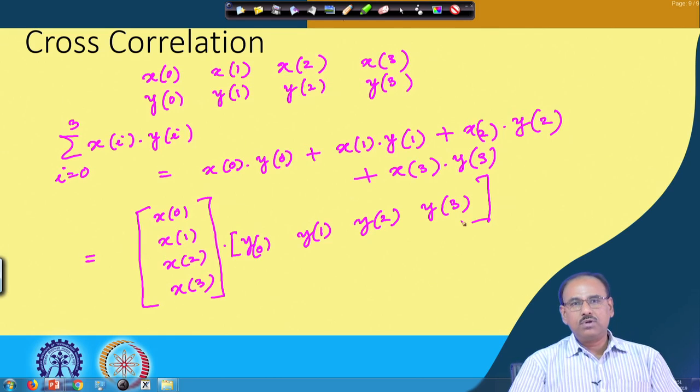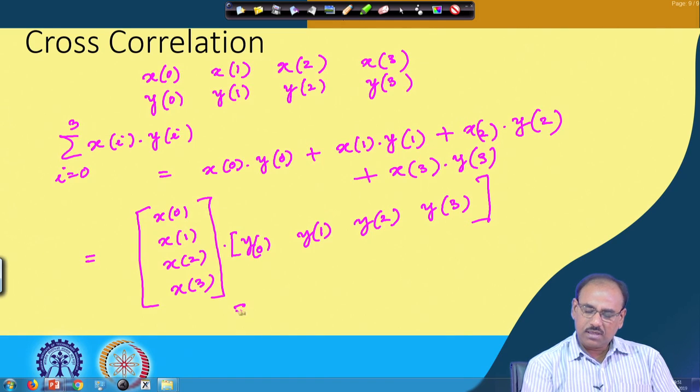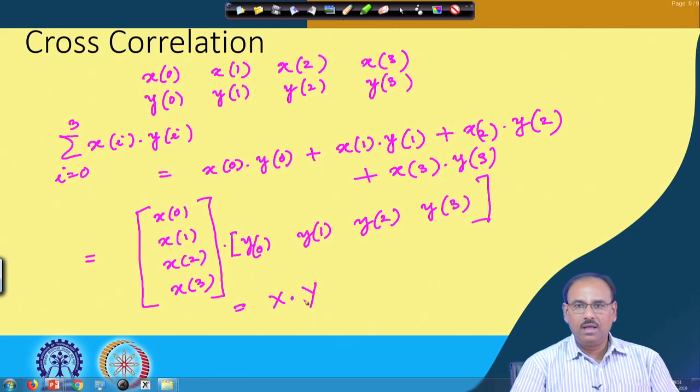So, if the set of input samples of x is considered to be a vector, and similarly the set of samples of y is considered to be another vector, say y, then this cross correlation is nothing but the dot product of x and y. And we know that if the vectors x and y are similar, then the dot product between the two vectors x and y will be high. If the vectors are dissimilar, then the dot product will be quite low. And that is what the cross correlation tells you.